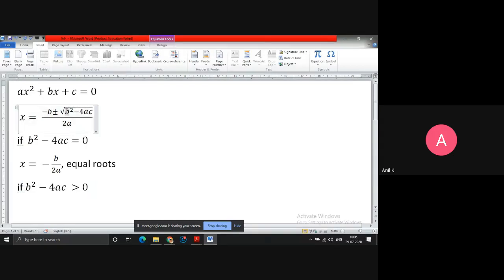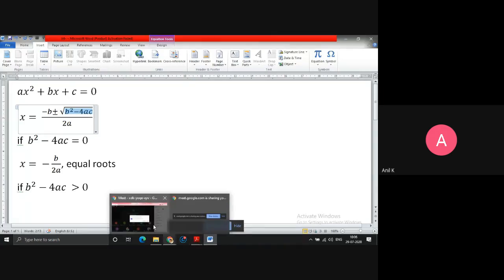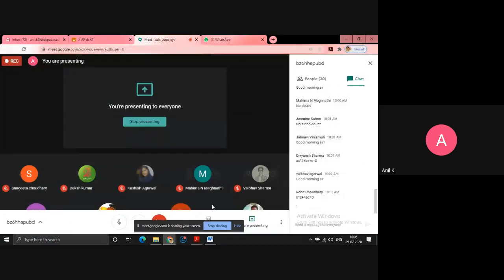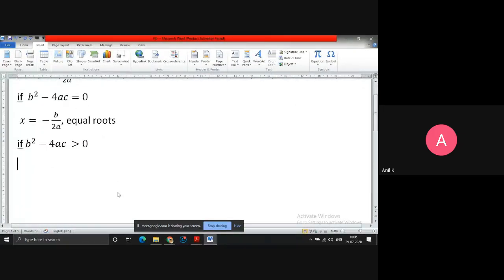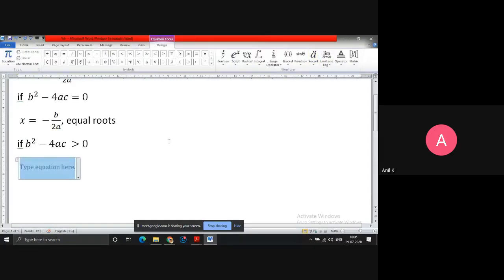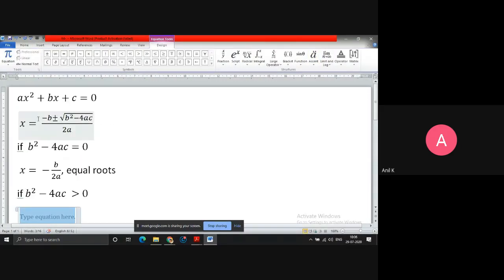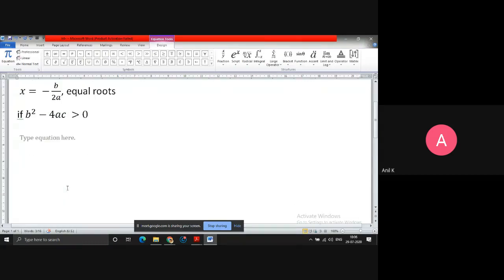So if b square minus 4ac is a positive number, then we are going to get two solutions. Let's see what the two solutions are. Let me copy the same here, and I'm going to delete the minus.